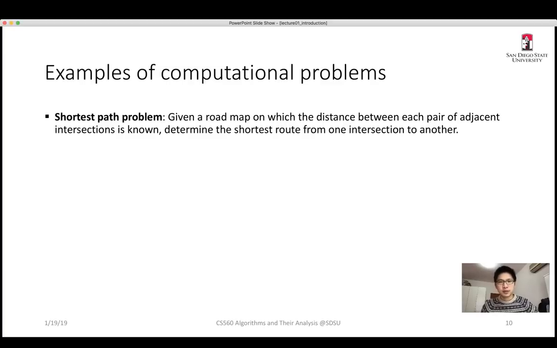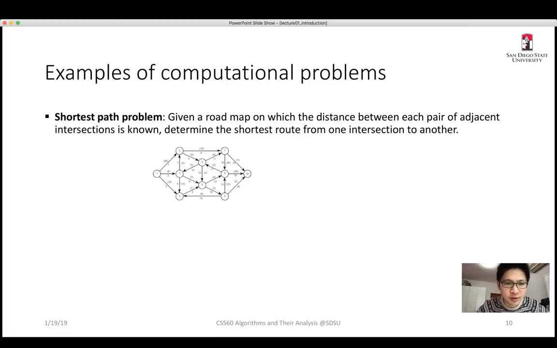It is one of the most common problems faced by airplane companies. If you look at this map, for example, the numbers in the circles can represent the destinations, the city names or the country names, and the routes or the edges between the vertices can be flight routes, right?